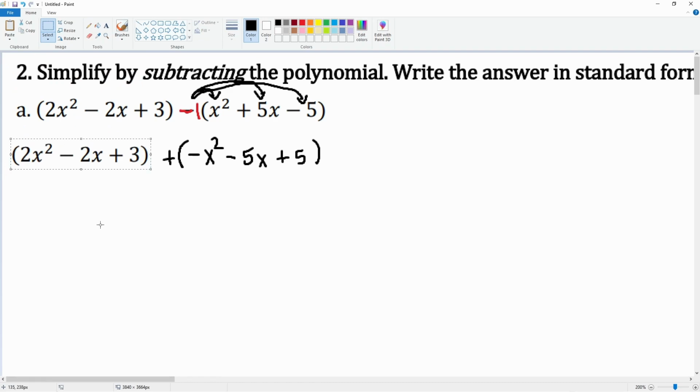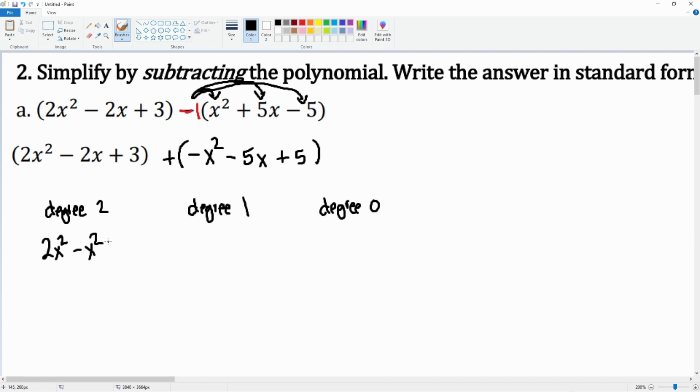That remains the same. Now we can just group it by like terms. This is going to be where the degree 2 is, degree 1 is, and then the degree 0. Degree 2 is 2x squared minus x squared. Then the degree 1 would be minus 2x minus 5x.